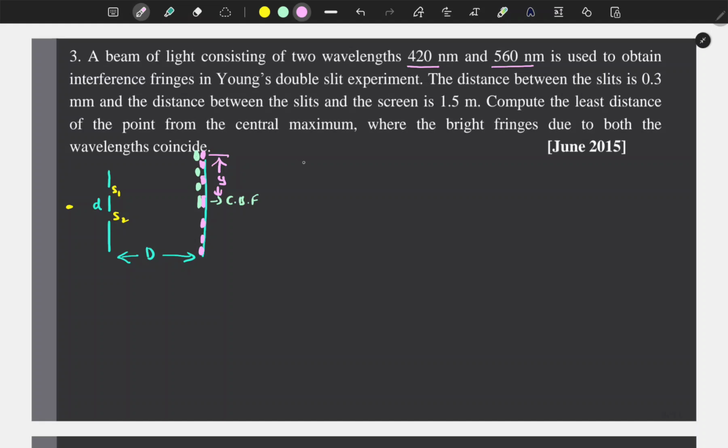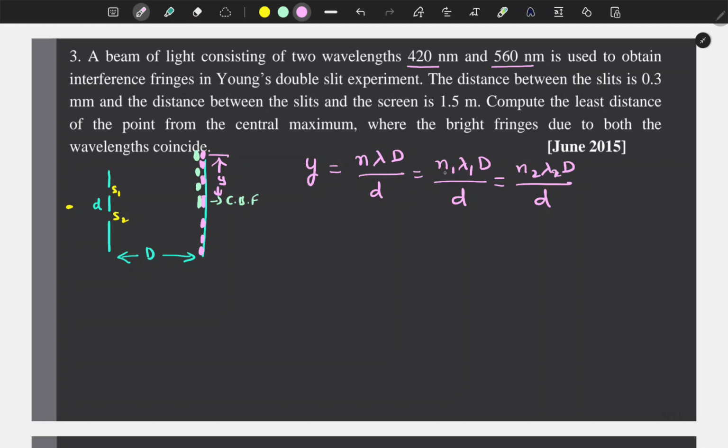So you can consider that the distance of the nth bright fringe is given by n lambda D by small d. So for the first wavelength, n1 lambda 1 into capital D by small d is equal to n2 lambda 2 capital D by small d.